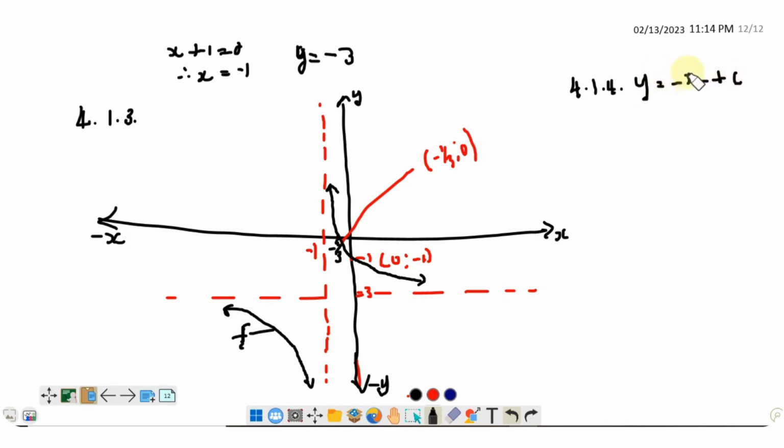The gradient is negative, going down as we go to the right. As you move to the right, it drops down. The coordinate we're going to use is negative 1 and negative 3 from the asymptotes.